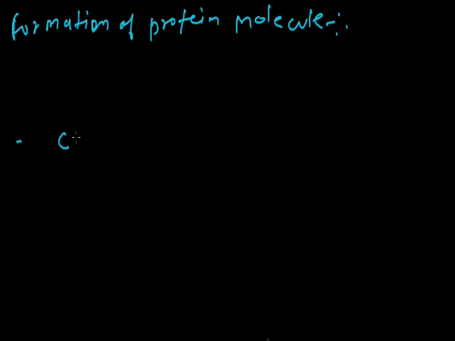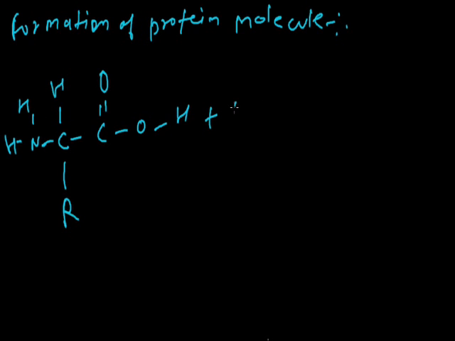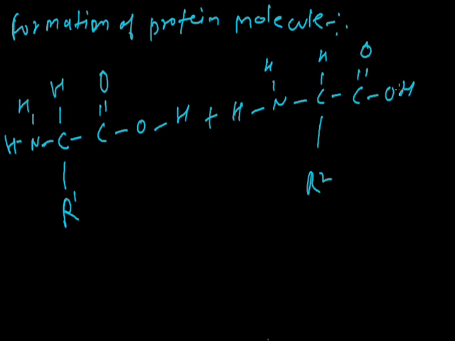Here we have one amino acid group, C H R, C O O H, and H H, plus again a consecutive amino acid, H C H. Suppose I write here R1, this is R2, next C double bond O H. So when the molecule of protein forms, there is a removal of a water molecule from this side.